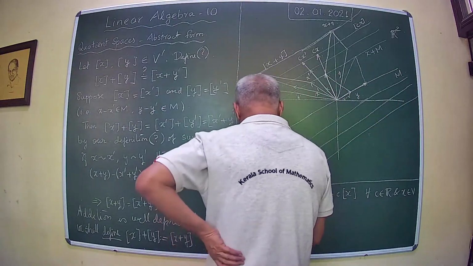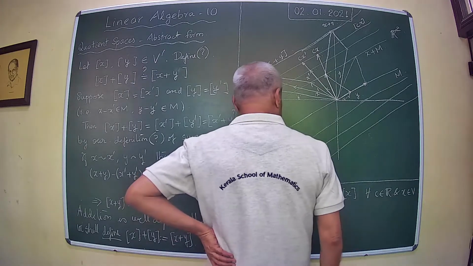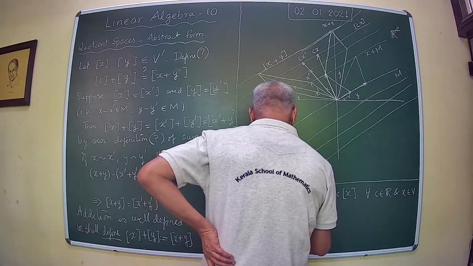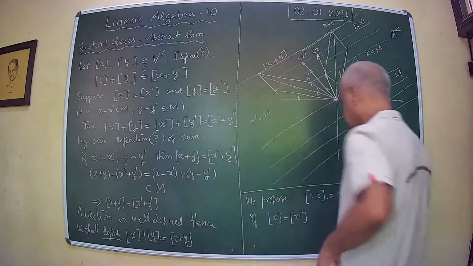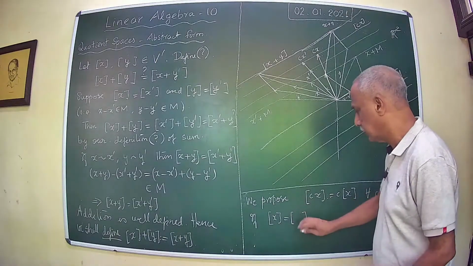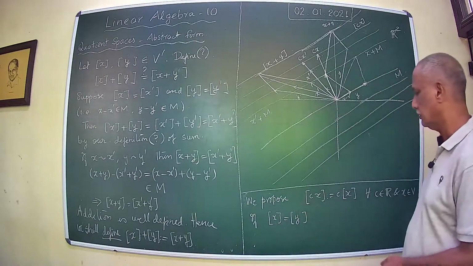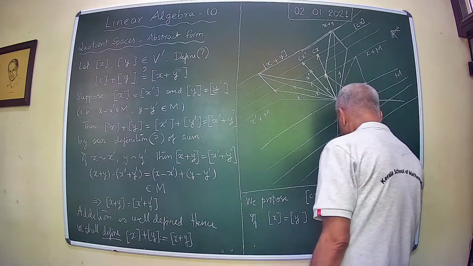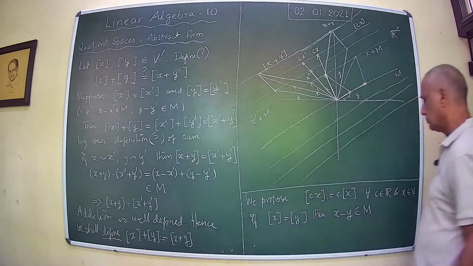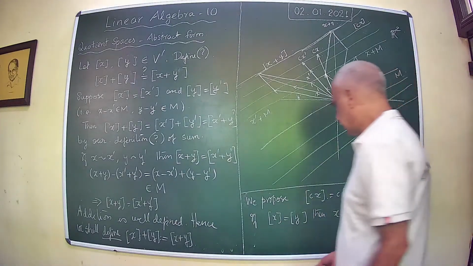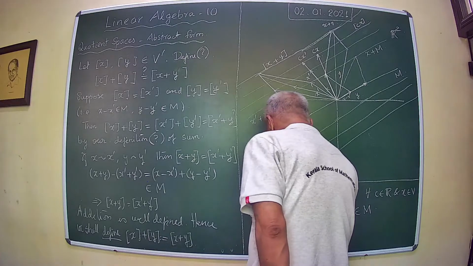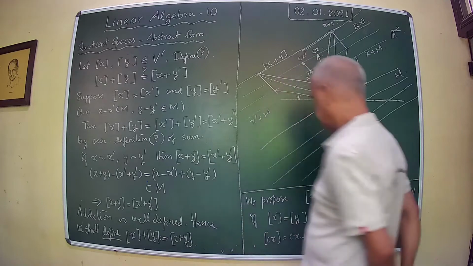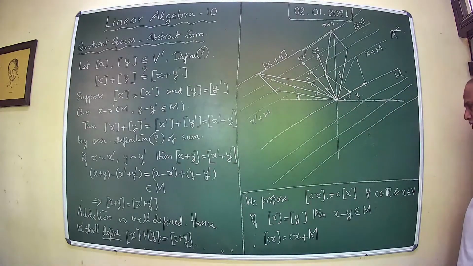Again, you see that if x prime or x is equal to y, then, so let us work out. So Cx, this is the set Cx plus m.